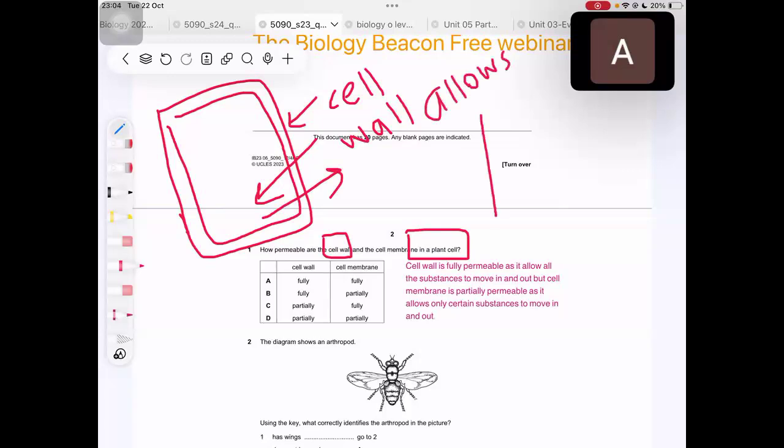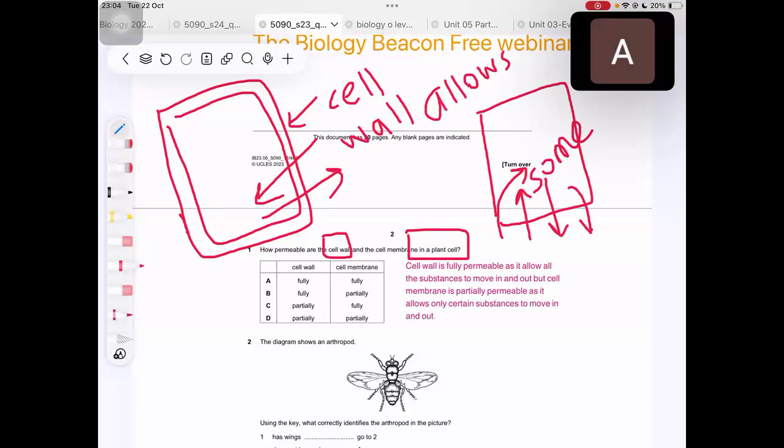But if you take a cell membrane, unlike a cell wall, it doesn't allow everything to go in and doesn't allow everything to go out. It only allows some substances to go in and some substances to go out. It basically regulates what should go into the cell and what should go out of the cell.